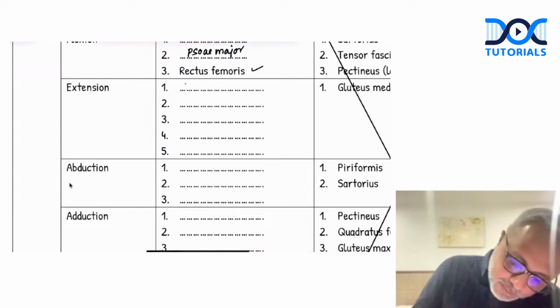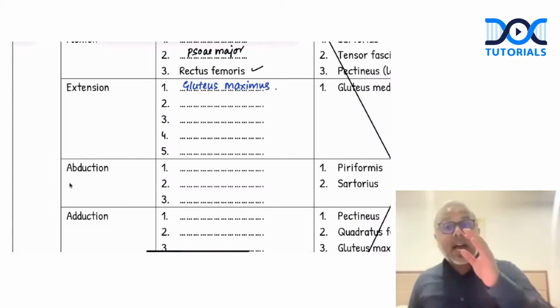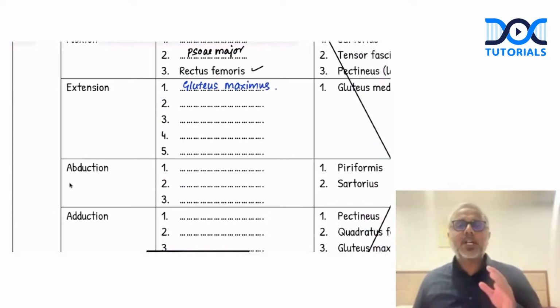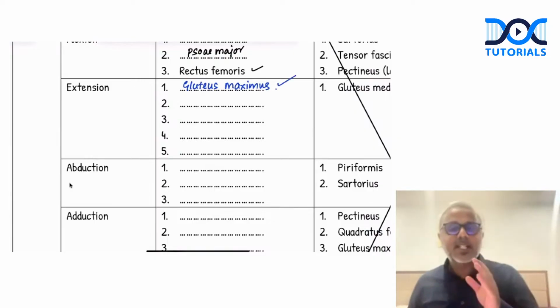This is brought about by the gluteus maximus. Apart from gluteus maximus, hamstring muscles will bring about extension of the hip joint. But the primary extensor again is gluteus maximus, and then list all the hamstrings.